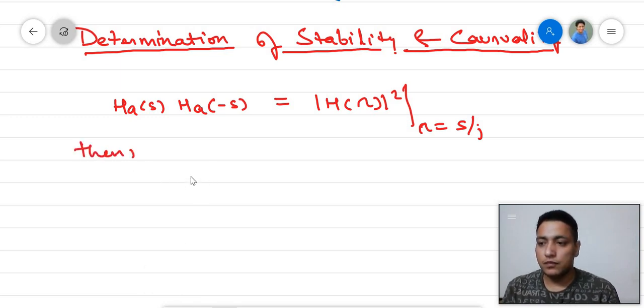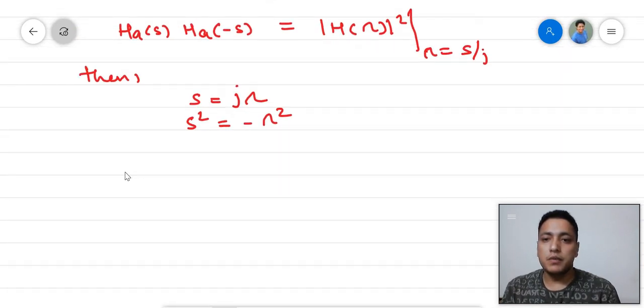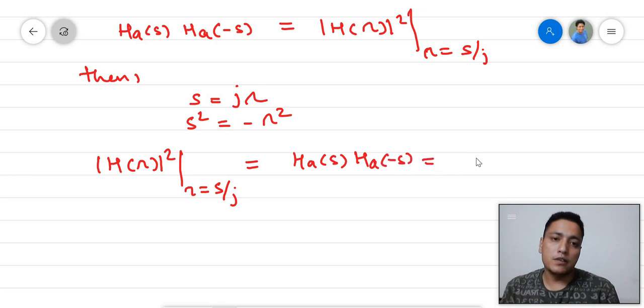Then we can substitute s equal to j omega, and if we square, we will get s squared equal to minus omega squared. That means |H(omega)| squared for omega equal to s by j can be written as HA(s) times HA(minus s), which will be equal to 1 over 1 plus (omega by omega c) to the power 2n.